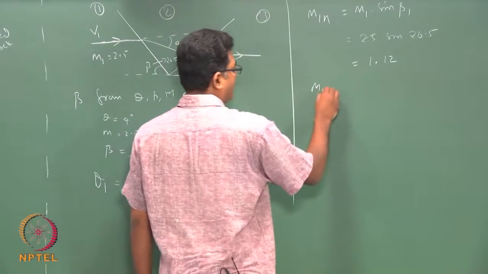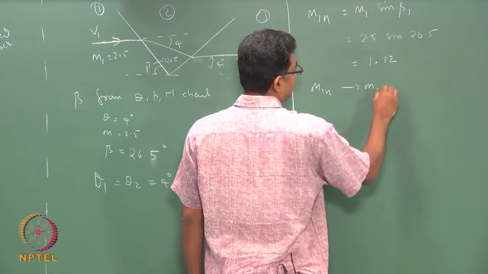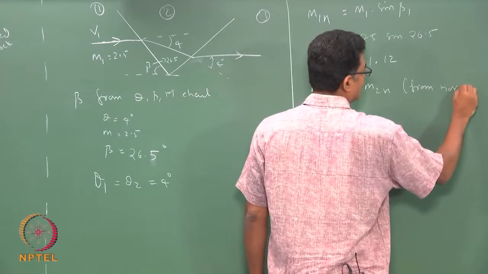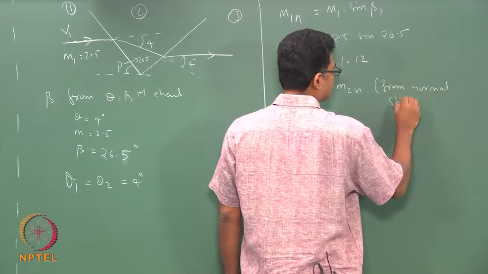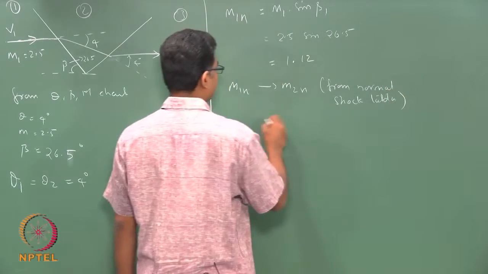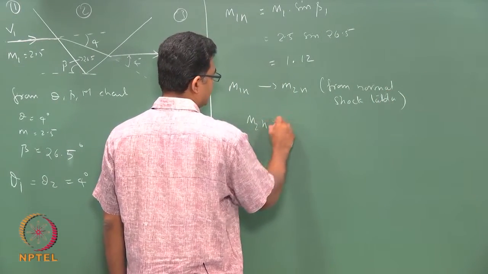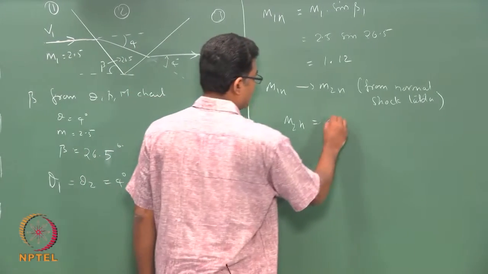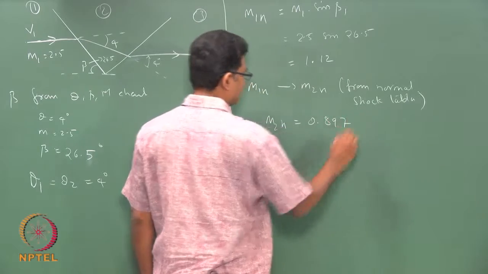If I know M1n, I can get M2n from normal shock tables. So my M2n is 0.897.